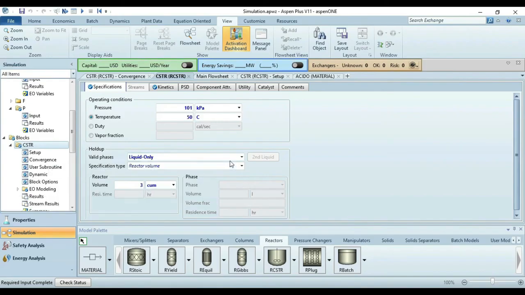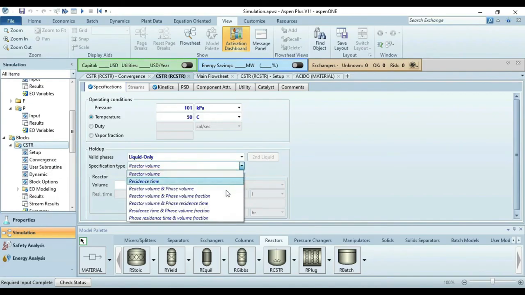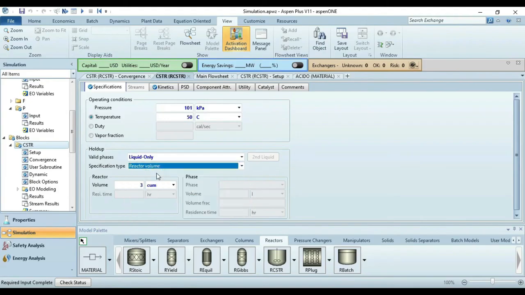Okay, so this is the unit for this volume, and here we could specify different information such as the residence time, for example, but we are going to specify the reactor volume, and based on the flow rate the residence time can also be calculated.